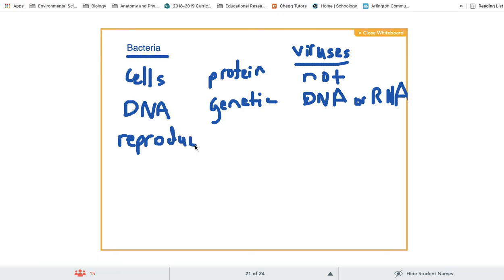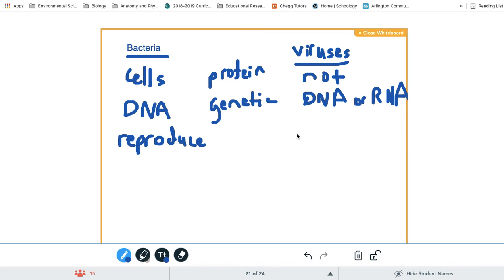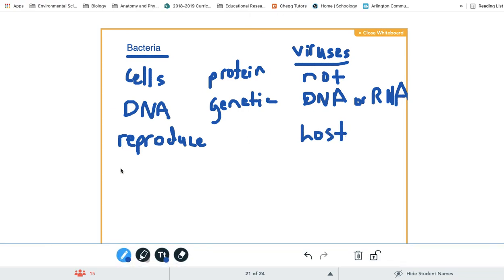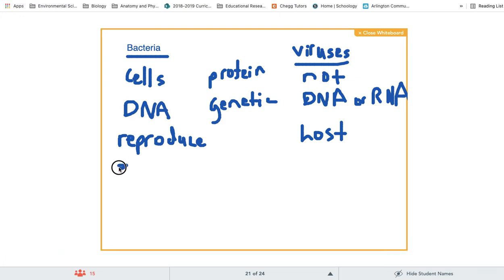And remember, this is a review from the activity we did in class the last couple days. While viruses need a host cell to reproduce. Bacteria also use energy, or what some said, carbon.